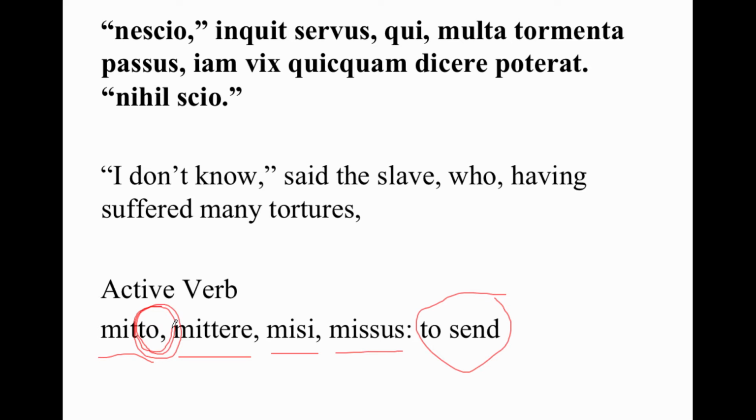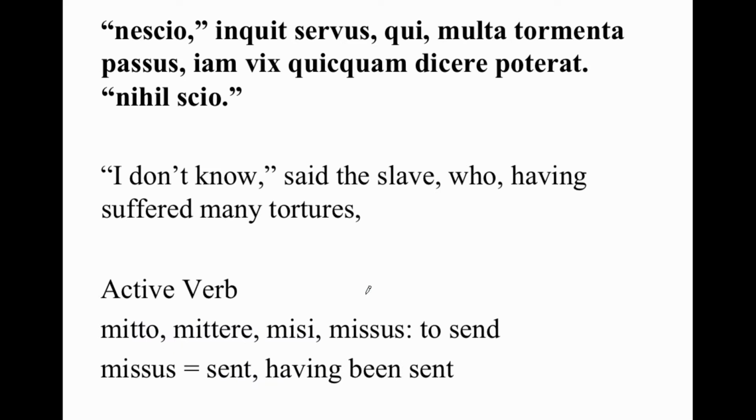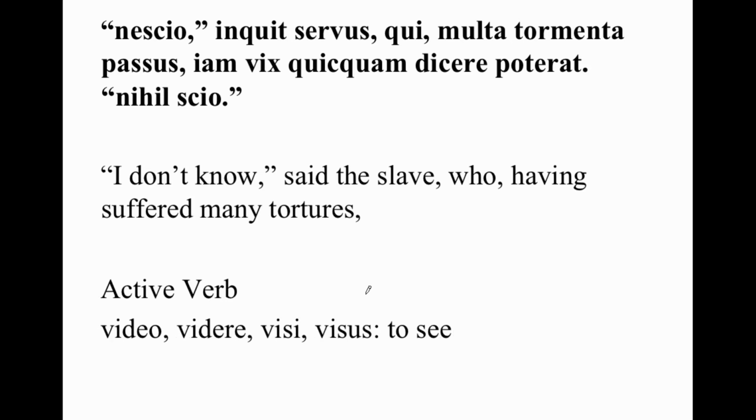Active: O, 4 forms. And then here's the key. The past participle of an active verb is that 4th form. The past participle of an active verb is passive. And so it means sent, having been sent.